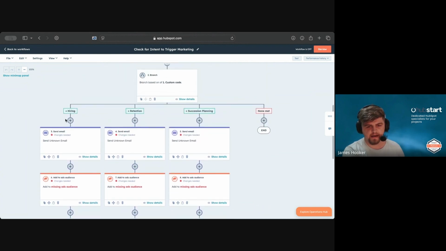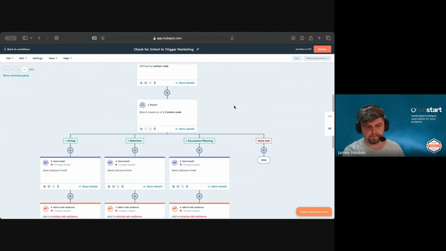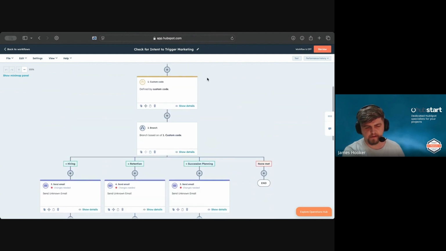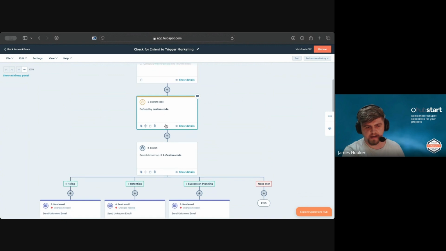The same thing applies for the other feature sets. If none of those trigger points have been reached, then the custom code will send them down the none path.